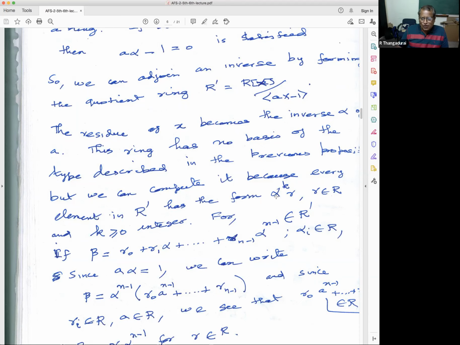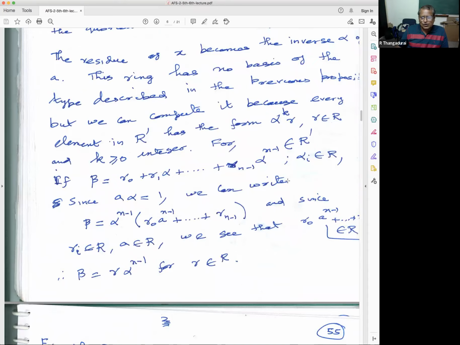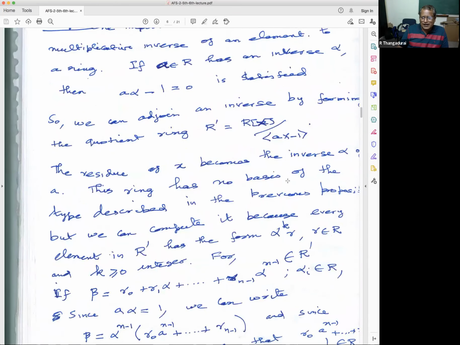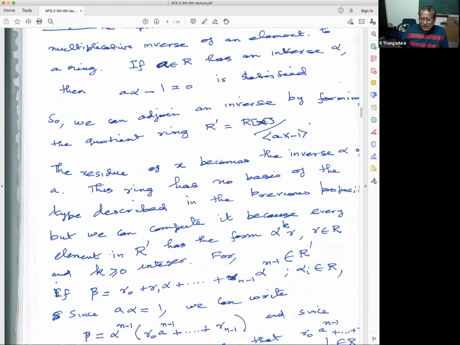How do we prove this? First, R prime is like R[alpha] because of this quotient.